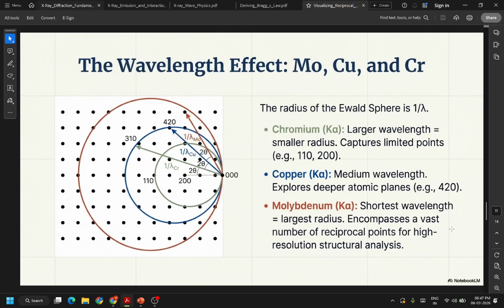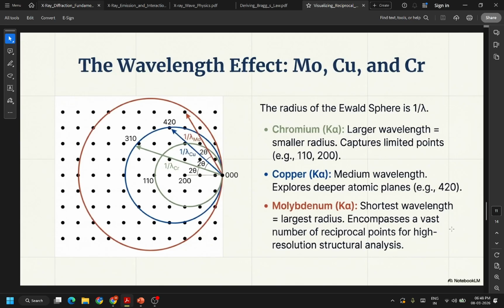Now the wavelength effect: molybdenum, copper, or chromium. The radius of the Ewald sphere is 1 by lambda. If we go for chromium, it has a larger wavelength, that means a smaller radius, so it will capture very limited points. If we go for copper, which has a medium wavelength, it can reach deeper atomic planes.